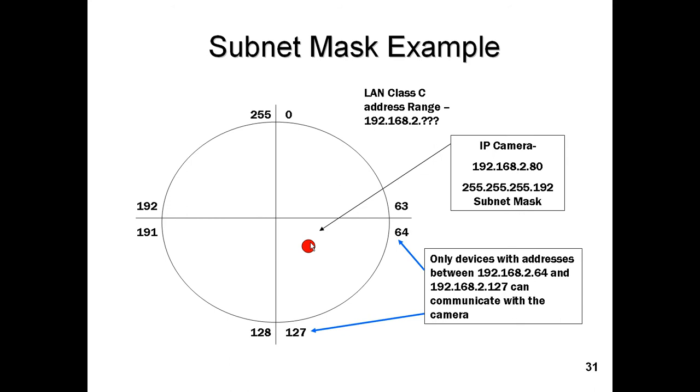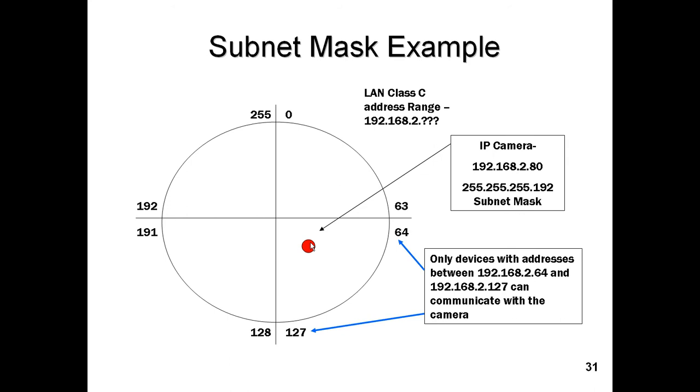So now, when that camera is programmed in that manner, the camera will only communicate to devices whose IP address ends between 64 and 127, which is going to be the network address, the broadcast address, but anything that wants to talk to that camera must be in that group.